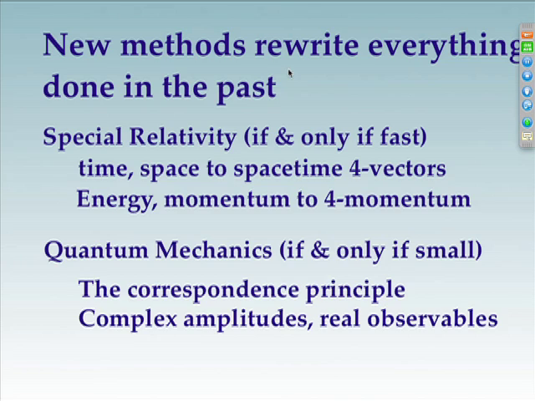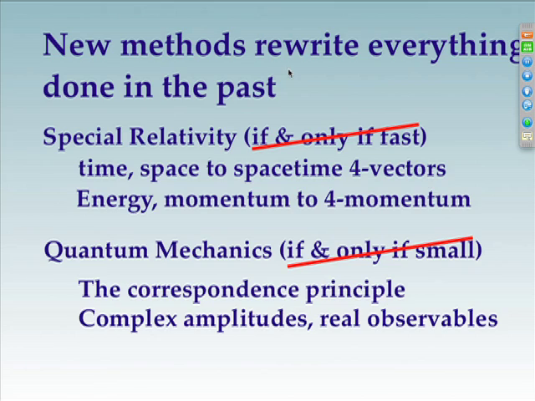You've got complex amplitudes and real observables. That works if and only if things are really small. So I said to myself, let's get rid of those if-and-only-if situations. Let me just write it once and use it whether things are going fast or small. I don't want to rewrite anything, okay?